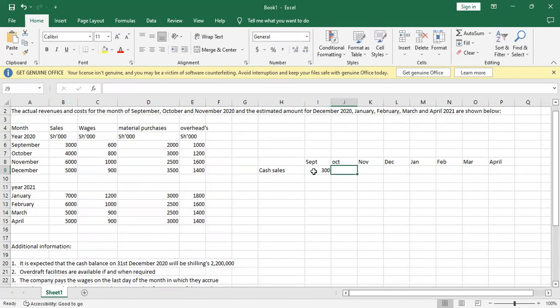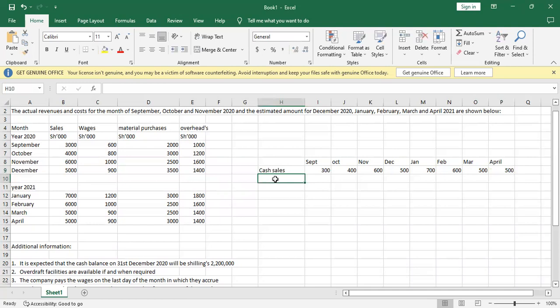October, 4,400, 10% will be 400. November, 600 will be 10%. December, 500 will be 10%. January, 7,700, 700 is 10%. February, 6,600, 600 will be 10%. March, 5,500, 500 will be, and then April, 5,500, 500 will be the 10%.